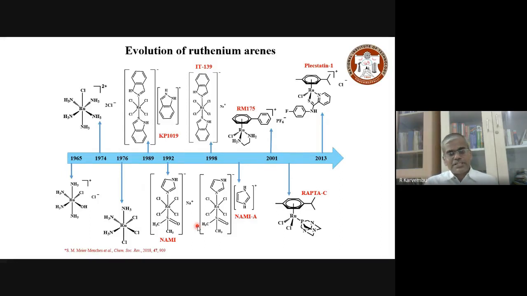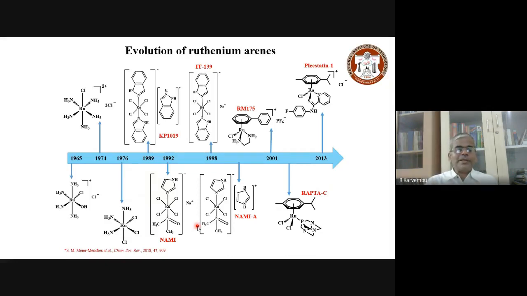Cisplatin is a commercially available chemotherapy agent for curing cancer, but it has many side effects like nephrotoxicity and neurotoxicity. So because of that, people are now looking for other metal complexes which are less toxic or which cause fewer side effects compared to cisplatin or platinum analogues, right?